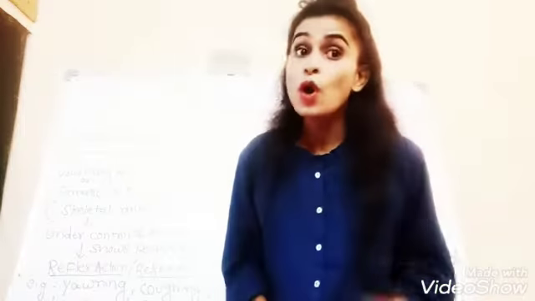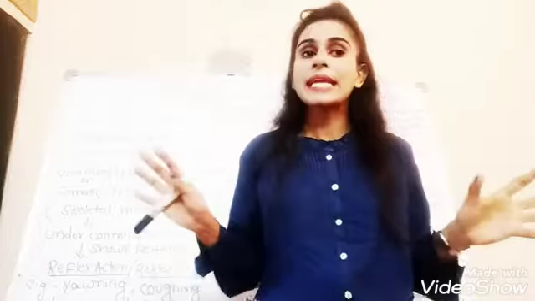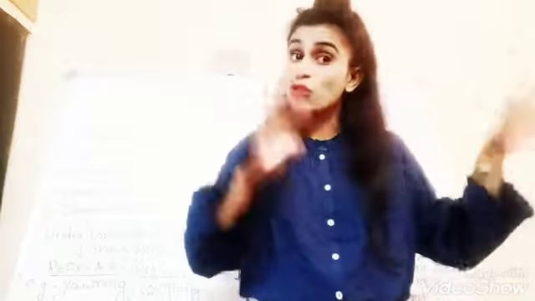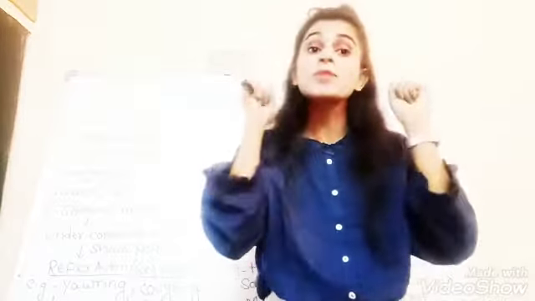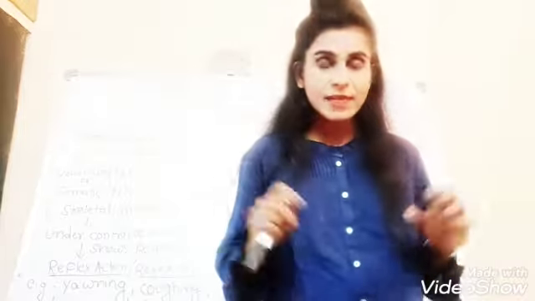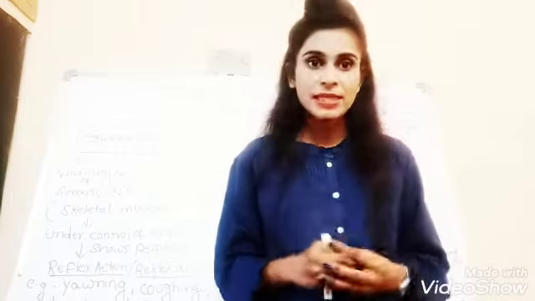So let me tell you. What are cranial nerves? Cranial nerves are that pair of nerves or that thread-like structure which arises from the brain. First thing clear? Cranial nerves. What exactly is the cranium?